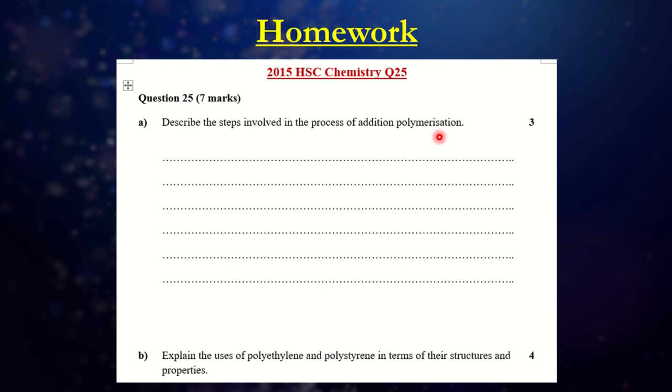So what we talked about: initiation, propagation, termination. And then question B, the most relevant part to the syllabus dot point we just covered, is the uses of polyethylene and polystyrene in terms of their structures and properties. So I do encourage you to try and do this paper for homework.